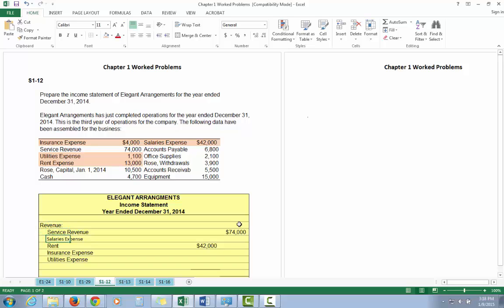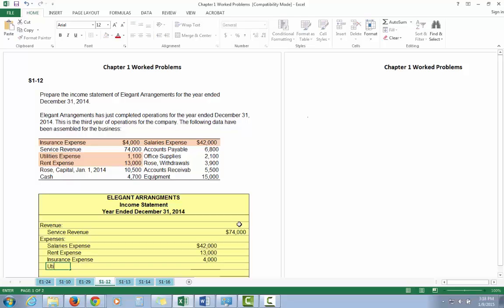Let's move these down. We've got rent expense, which was $13,000. We've got insurance expense, which is $4,000.